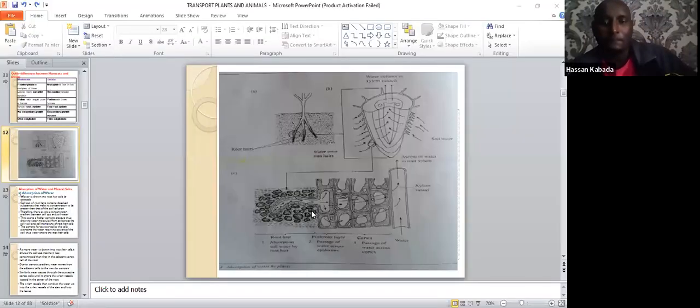So once water gets in here, this becomes hypotonic to these cells. Hence, this one becomes hypertonic to this, and water molecules will get here through osmosis. This one is having enough water, so it becomes hypotonic to these ones.